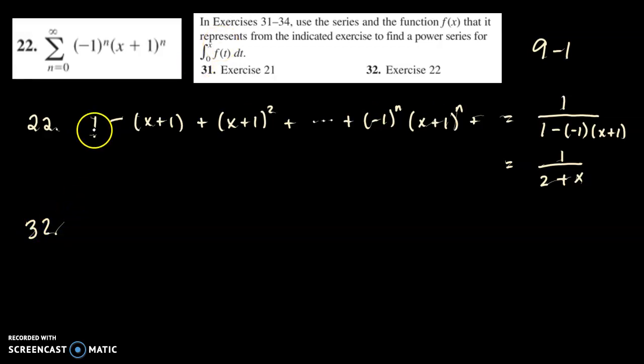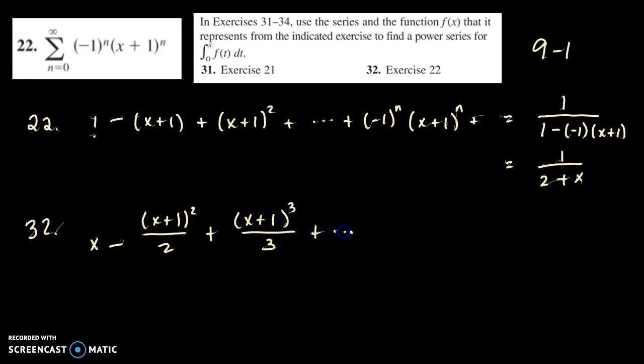what do I get? The antiderivative of 1, I'm just doing the antiderivative of both sides, would be x minus x plus 1 squared over 2. And the next one would be x plus 1 to the third power over 3.